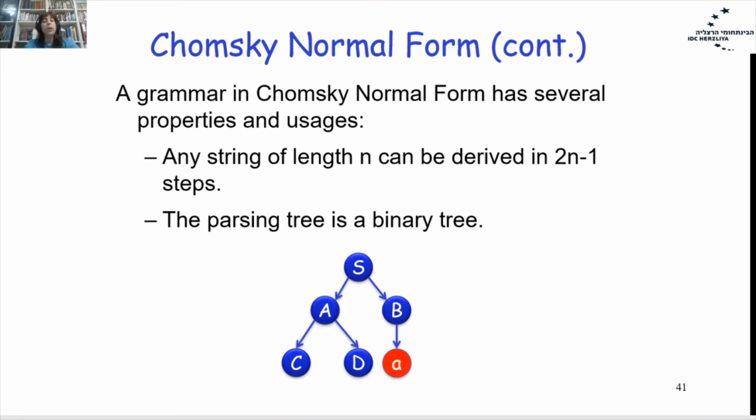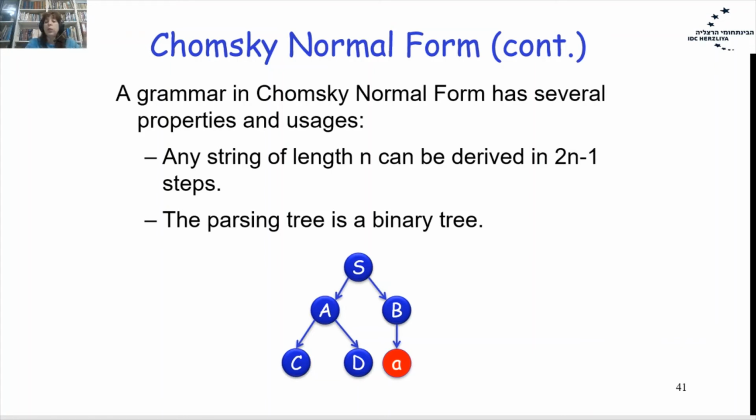A grammar rewritten to Chomsky normal form will have a binary tree as a parsing tree. Since each variable now derives only two variables or a terminal symbol, we will be talking about a binary tree.